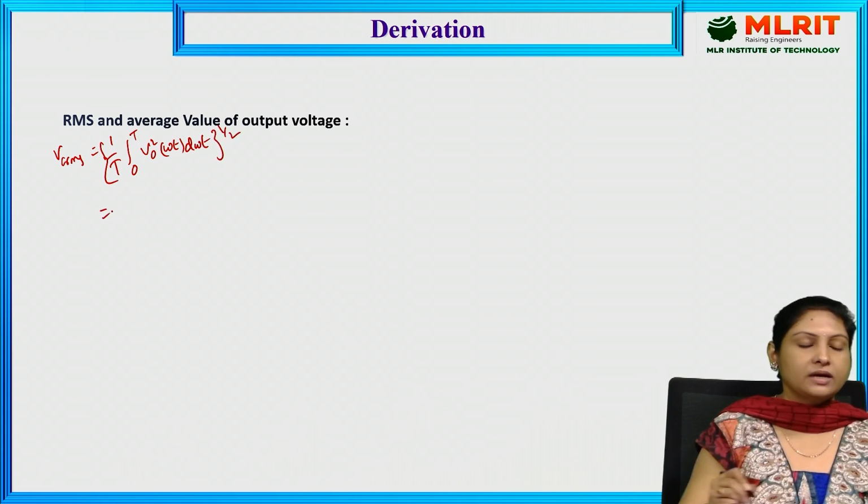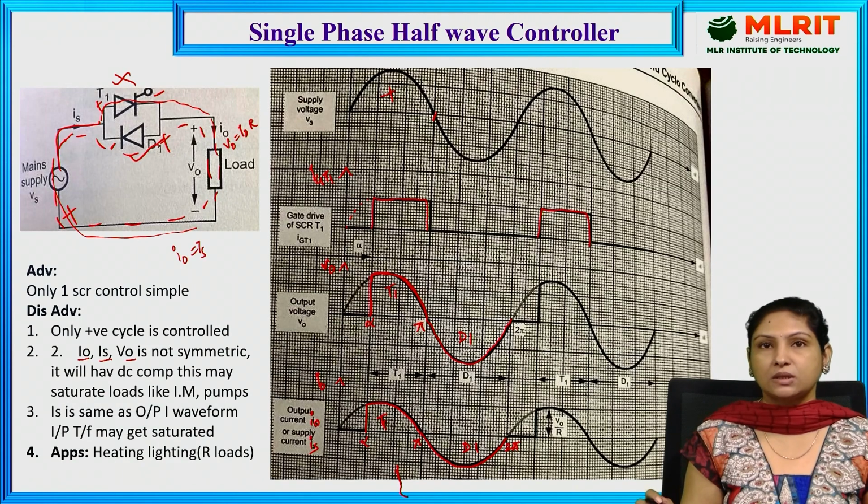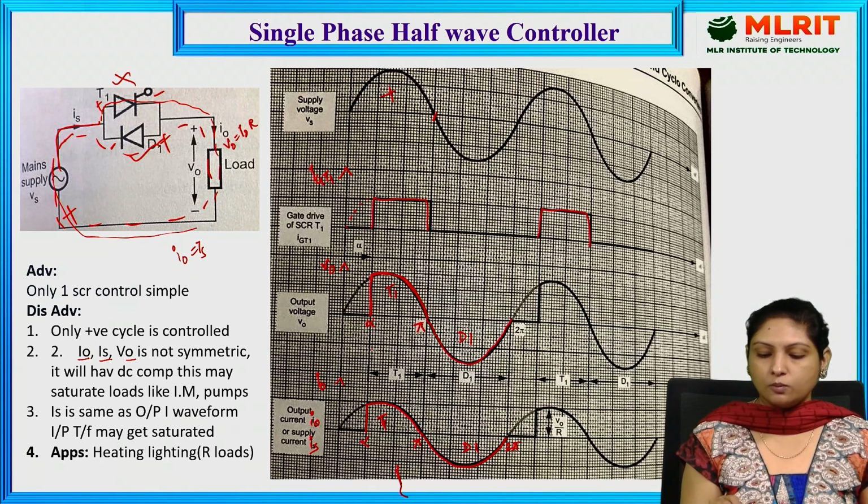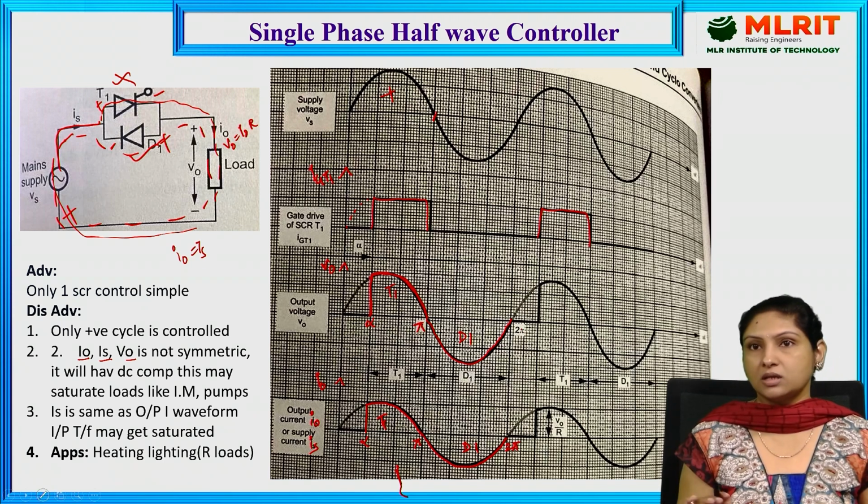And here, let us check out the time period by seeing the waveform. See, here the output voltage is conducting right from alpha to pi, that is half of the cycle, and the other cycle is pi to 2 pi. So both the cycles are not similar.